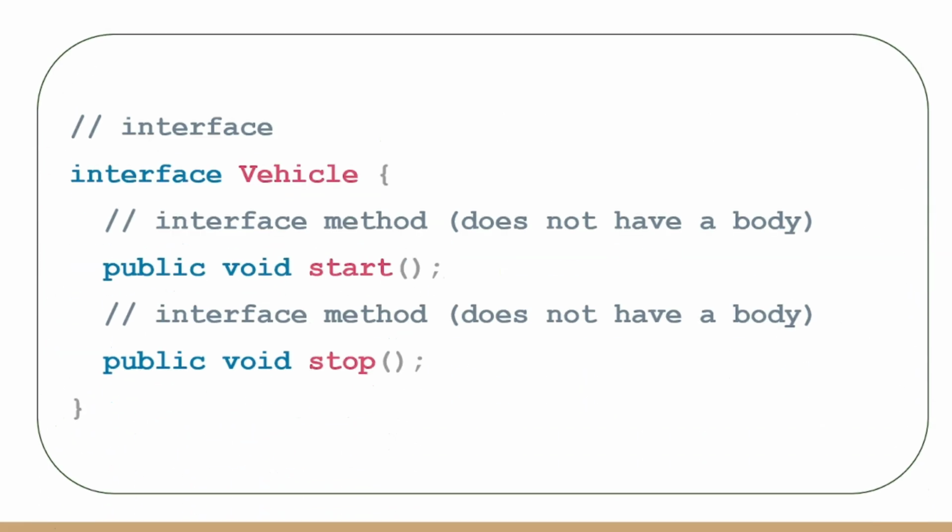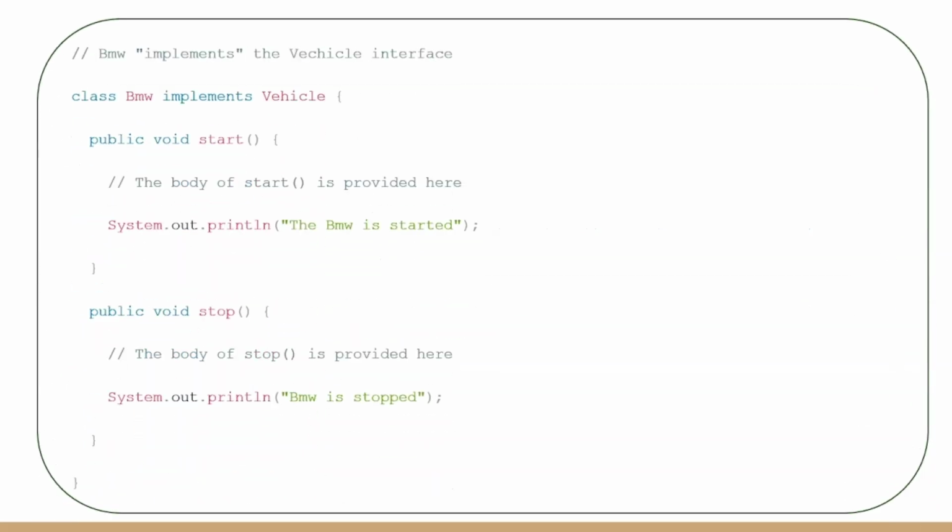Now this interface has two methods. Let's go ahead. When BMW wants to implement the vehicle, the interface is a contract. If you are implementing an interface, it is mandatory that you override the methods, otherwise it is going to throw a compile time error.